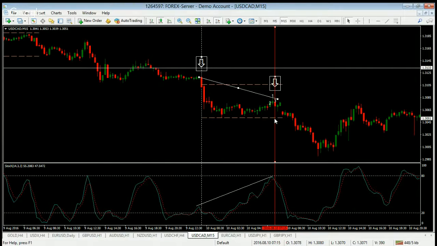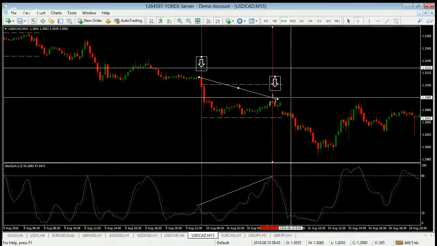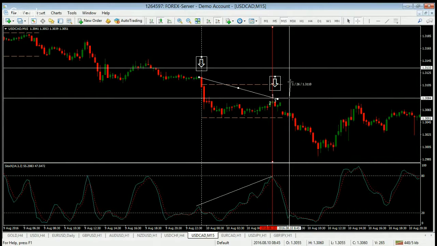That's the London Open. So for another time, you should be looking for setups. You should be hunting for setups. So I think it crossed there. We placed a stop of maybe 20 pips.